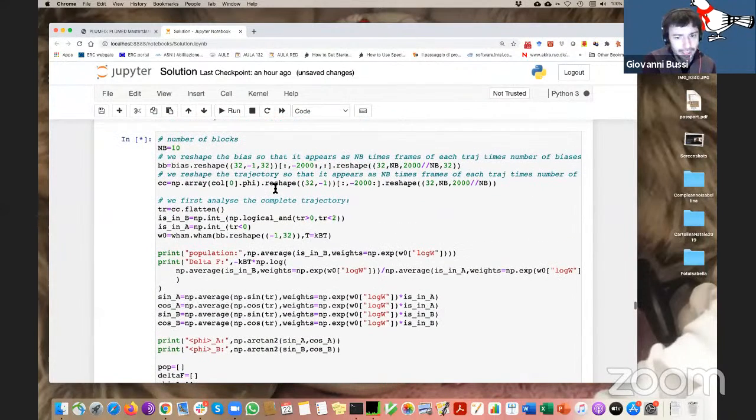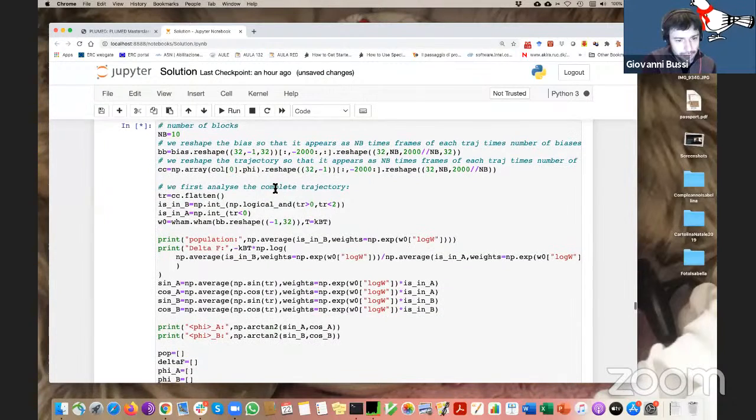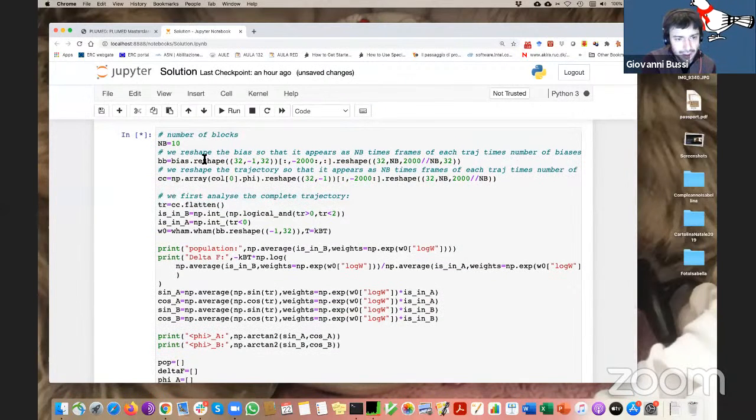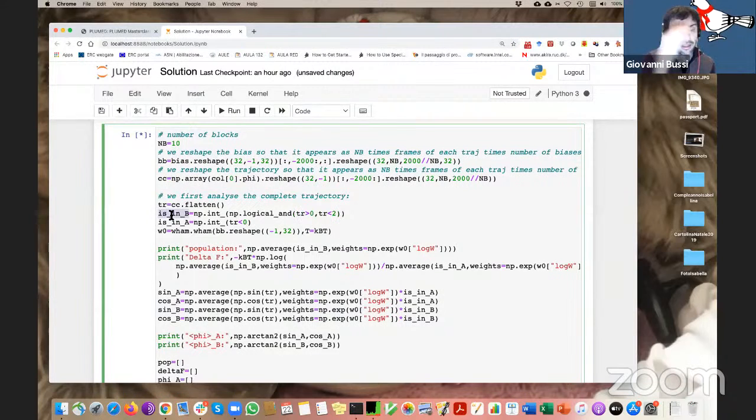For the population of state B, I'm first reading my trajectory, and then I'm checking when the trajectory is greater than 0 and smaller than 2 at the same time, and I define this as state B. So is_in_B is just an array which is 1 if I am in B and 0 if I am somewhere else. And is_in_A is the other way around, 1 if I am in A and 0 if I am somewhere else.